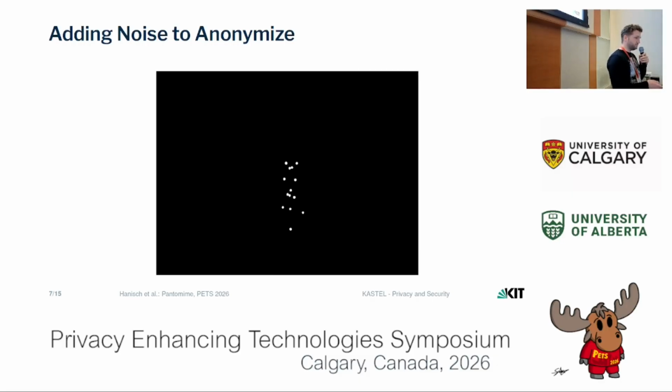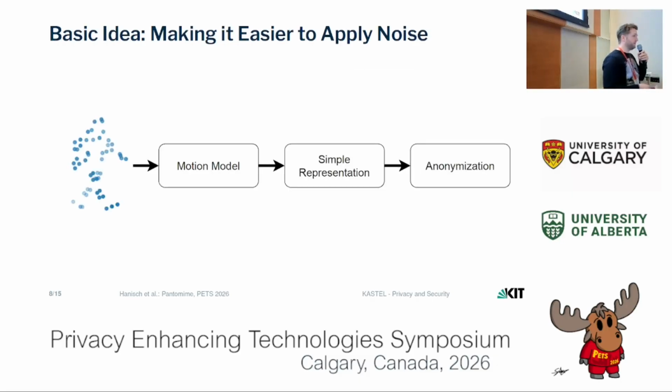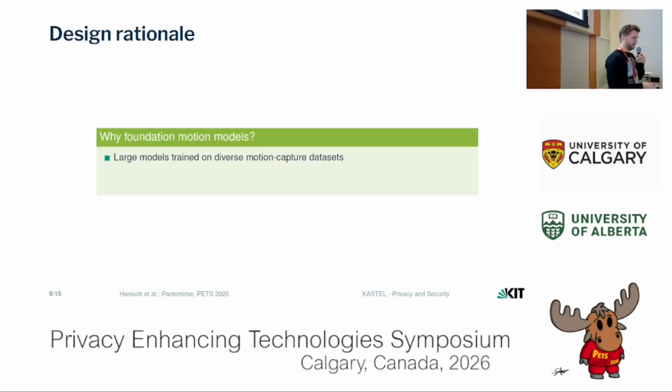Our idea was, okay, we still want to add noise. However, in order to do this, we first transform the motion data into a simple representation where we can do this without losing our utility. And we do this by using foundation motion models, which are large models trained on motion data. Think of them a bit as dictionaries for motion data, and we then perform the anonymization in their latent spaces.